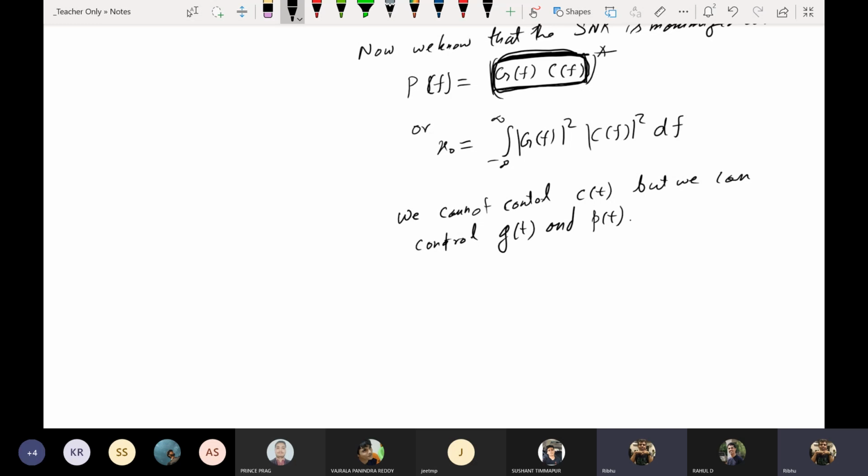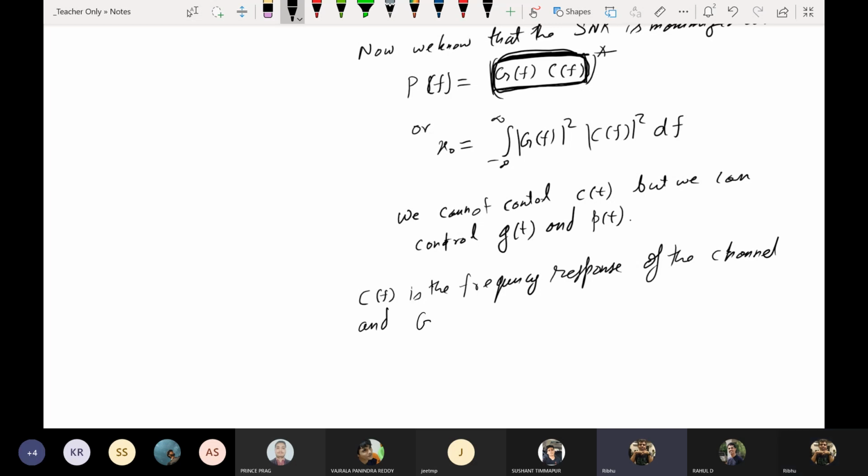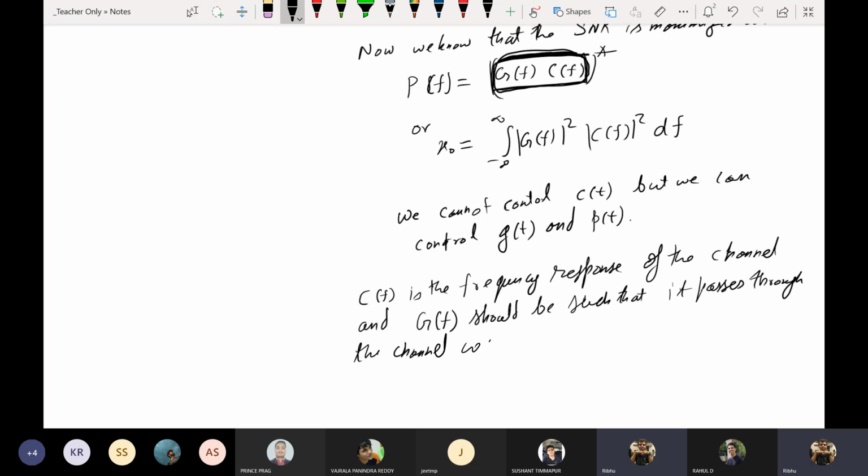For that, we see that C(f) is the frequency response of the channel, and G(f) should be such that it passes through the channel without much problem.